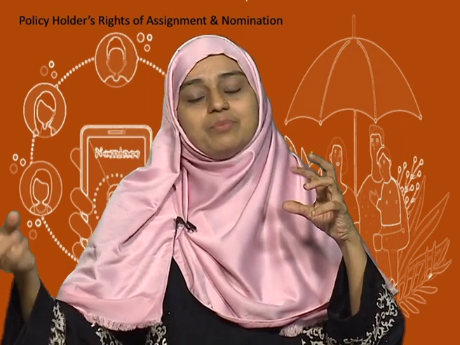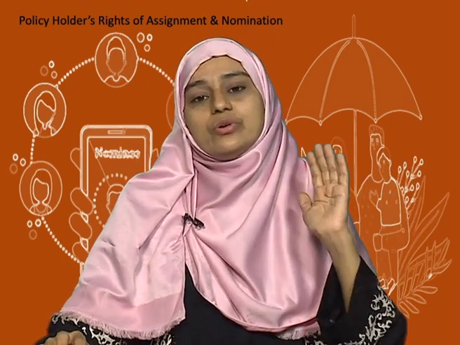So this arrangement where the insurance company is planning to compensate the policyholder is called an insurance contract. Under this insurance contract, the policyholder will have different types of rights.